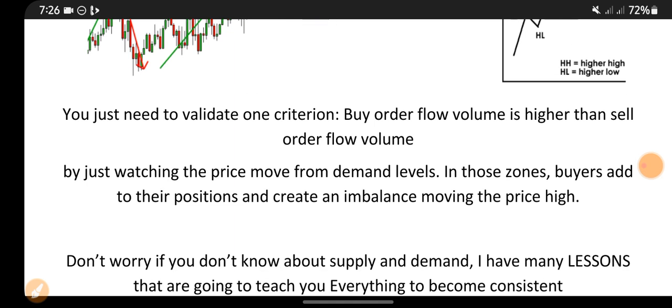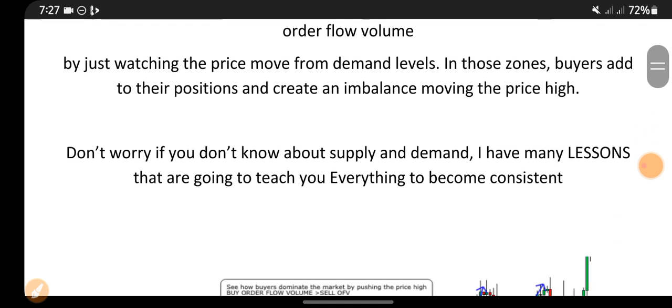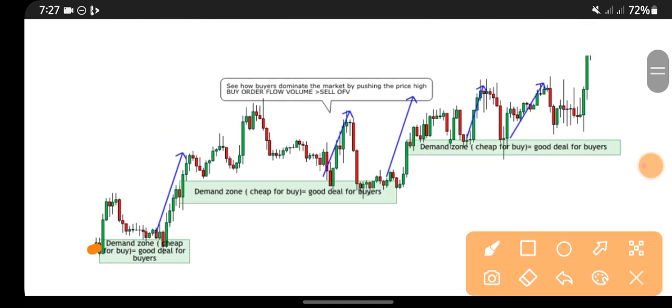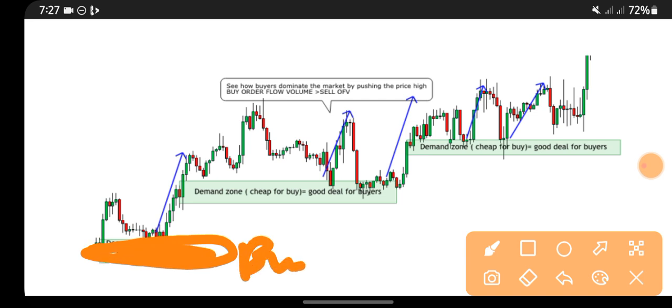Okay, so by watching the price move from demand levels, in those zones, buyers add to their positions and create an imbalance, moving the price higher. So in the demand zones, let's go here, in the demand zones like this, there are more buyers in that zone.